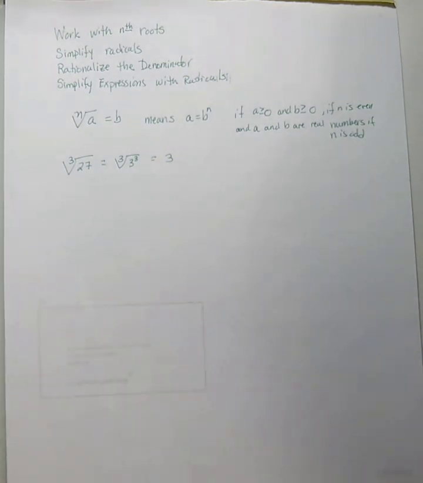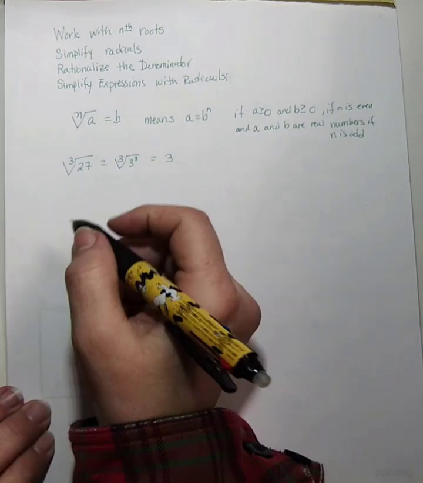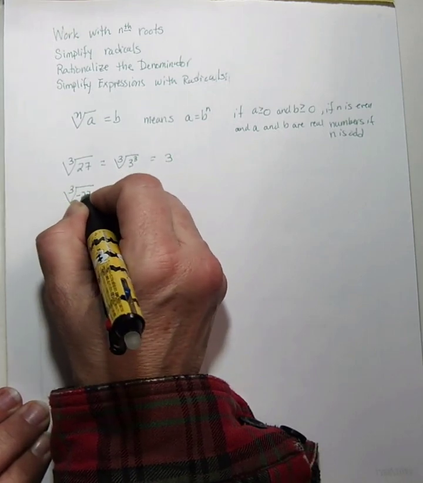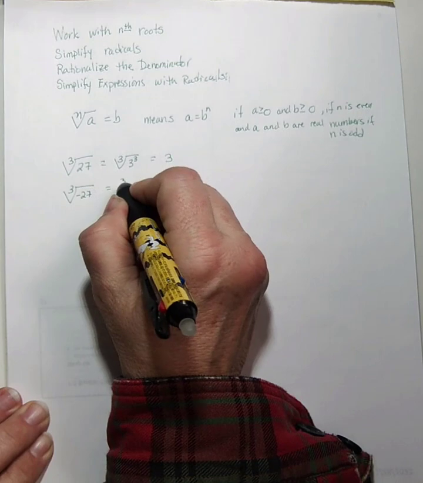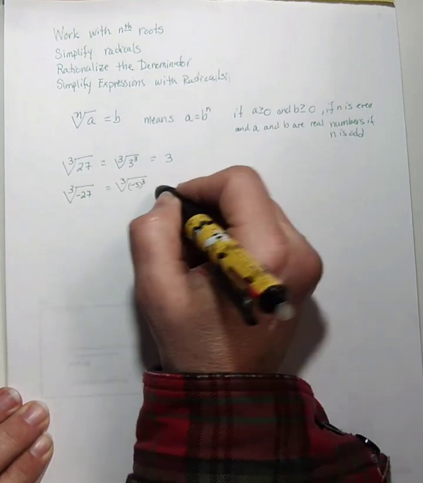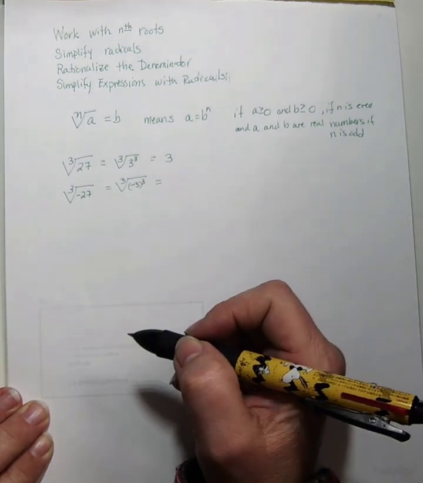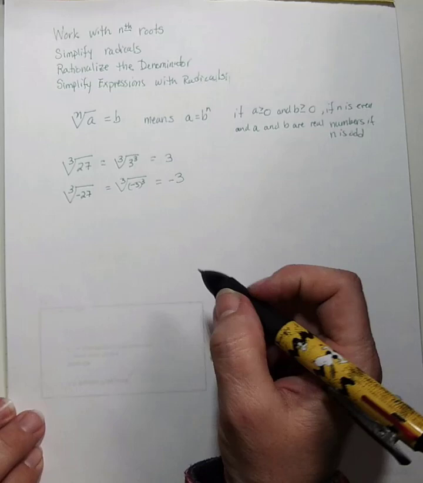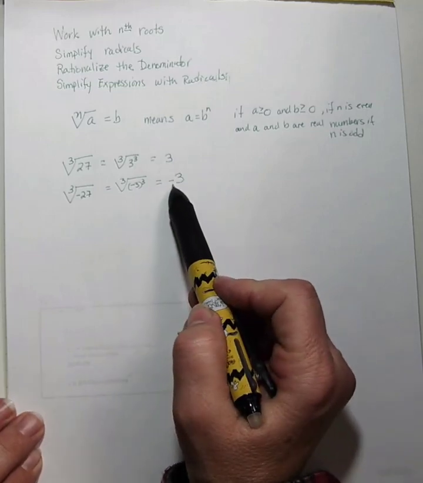So the third root of 27 is 3. If I have the cube root of negative 27, that's the cube root of negative 3 being cubed. So the cube root of negative 27 is minus 3. So as you can see, these are real numbers.